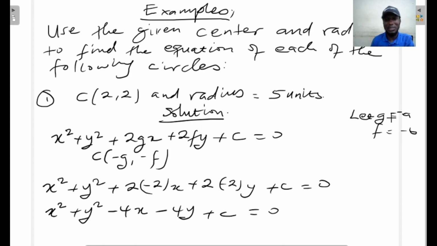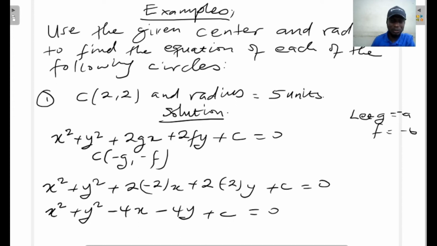So we are going to have negative g. That's what we are doing here. This is our a, this is our b. So now we are replacing the g. If a is 2, then negative a will be negative 2. And if b is 2, then negative b will be negative 2. That's how we got this. So I don't want anyone to get confused by that. Then now we have the c. We don't want the c.